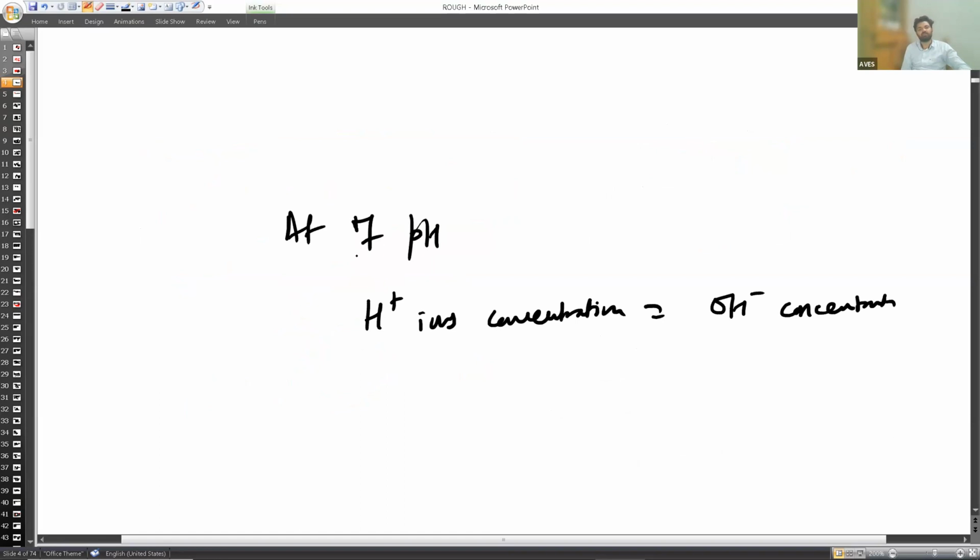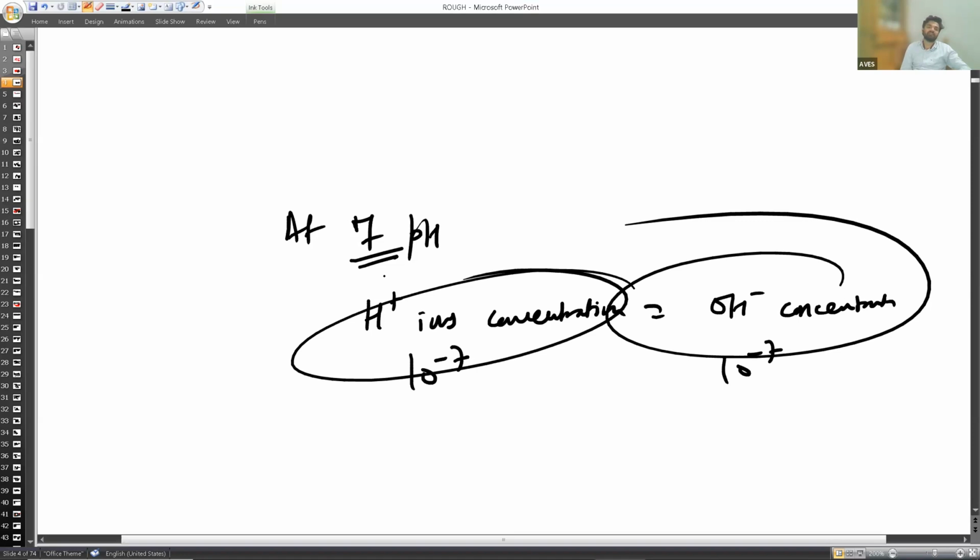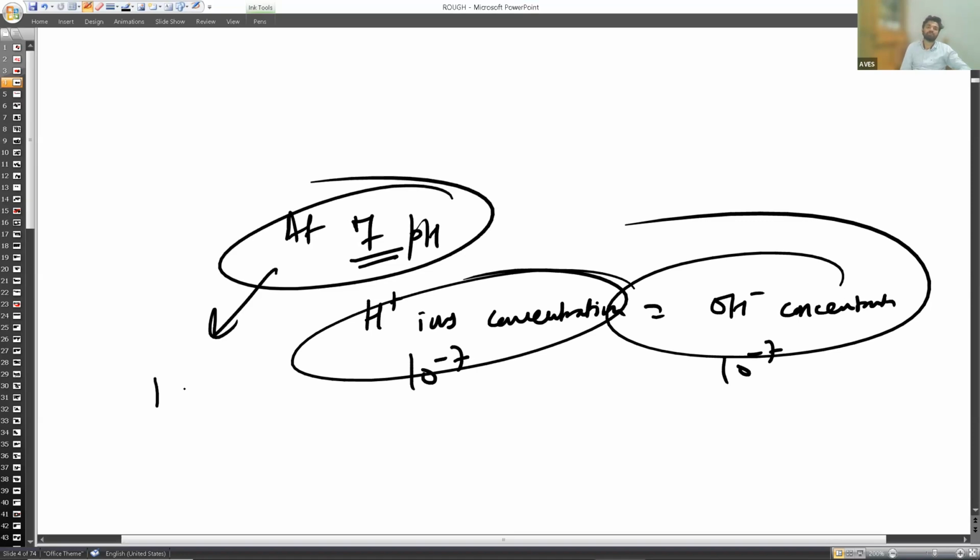Because the pH is 7, the H plus ion concentration is 10 to the minus 7, and the OH ion concentration is also 10 to the minus 7. So acidic and basic strength are equal. That's why at pH 7 the substance is neutral: the H plus ion concentration is equal to the OH negative ion concentration.